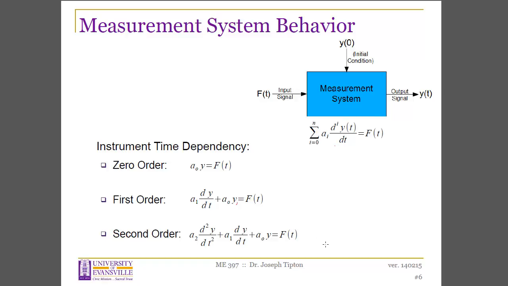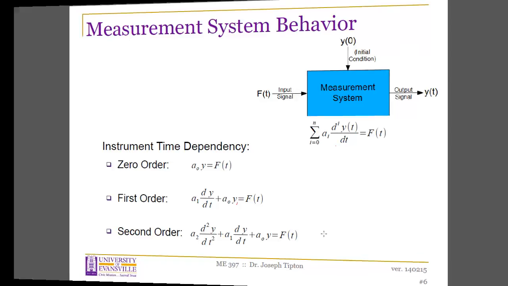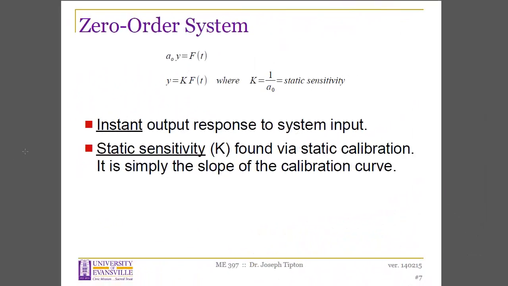Let's look at a zero-order system first. Here's our zero-order system model. So here's the mathematical model, and then we'll algebraically rewrite it to where it represents some physical things.